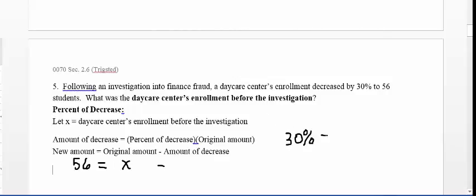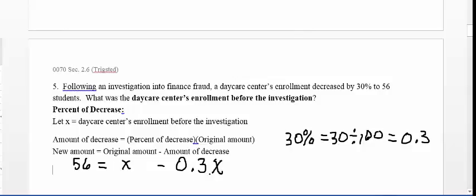The amount of decrease is my percent of decrease times my original amount. So I remember whenever I change a percent to a decimal, I remove the percent sign and replace it with division by 100. So 30% is 0.3.